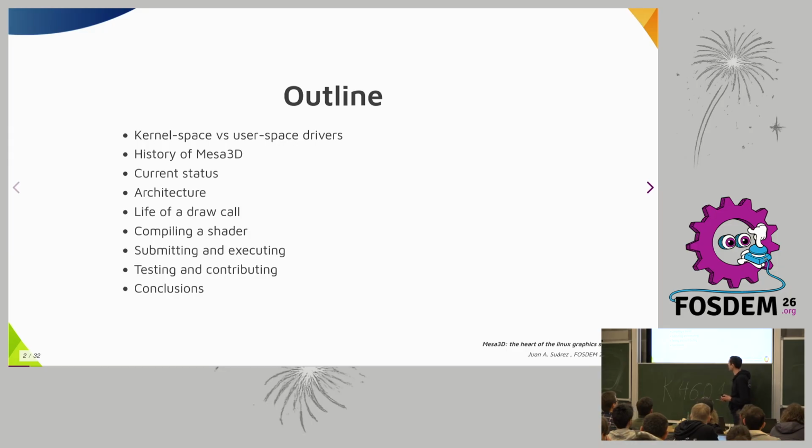Then a bit of technical discussion of the architecture and the main components, showing a small example of what happens behind the curtains when you draw something, until the pixels end up shown in the display. And then at the end, how we test all of these things in Mesa, how you can contribute, and final conclusions.